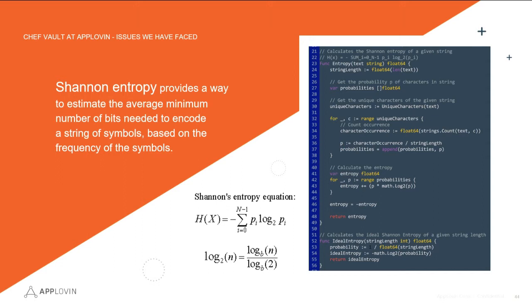That's the formula for entropy. Basically, it's the negative log of the probability mass function of that value. In simpler words, the higher the diversity of characters, the higher the entropy, which could then translate to higher strength of your secrets.